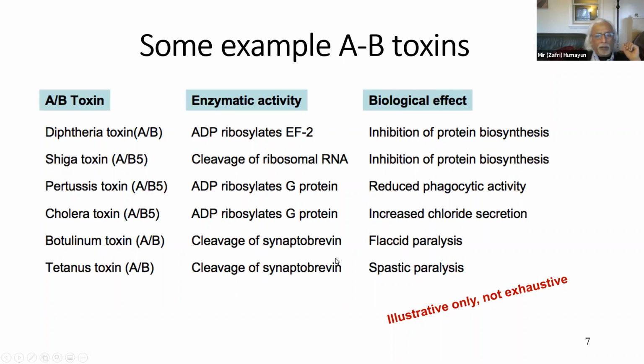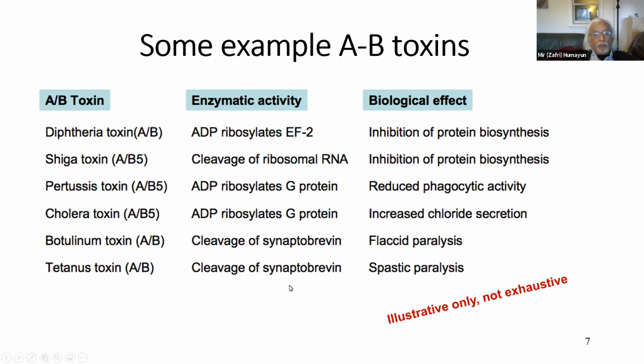What you can see here, there's different kinds of enzymatic activity associated with AB toxin. For example, ADP ribosylation of elongation factor 2. Shiga toxin can do something different: cleavage of ribosomal RNA. Botulinum toxin does something else: cleavage of a specific protein involved in signaling, synaptobrevin.